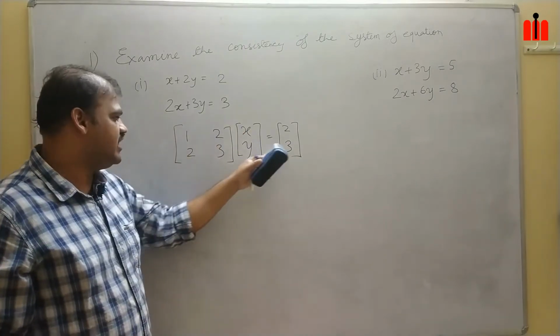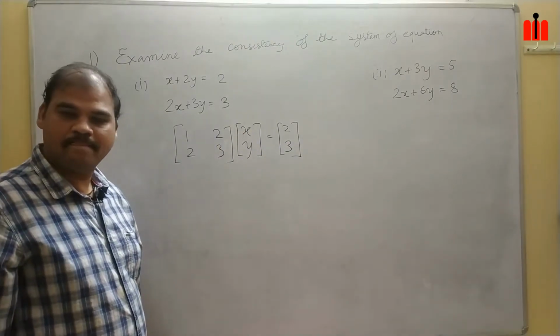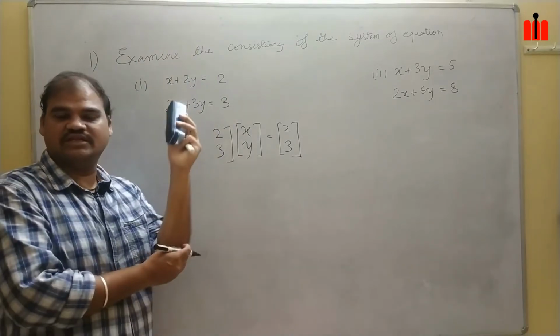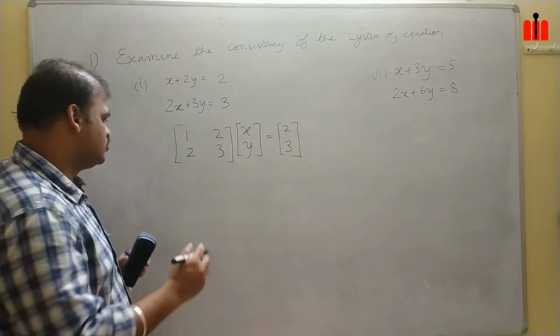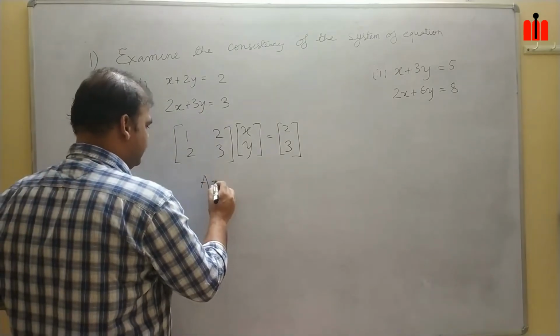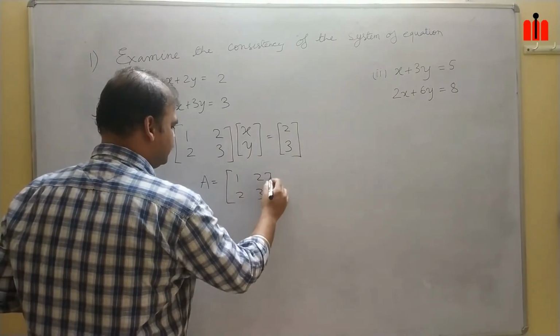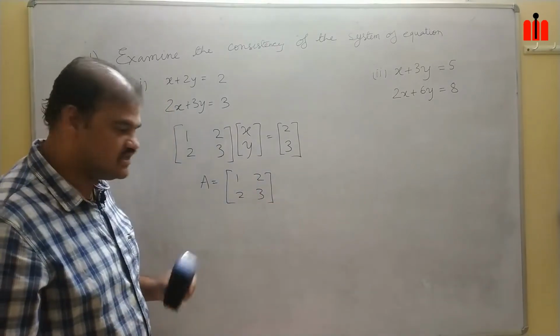So this is how you can write these two linear equations in matrix form. So what is my A matrix now? A matrix will be [1, 2; 2, 3].